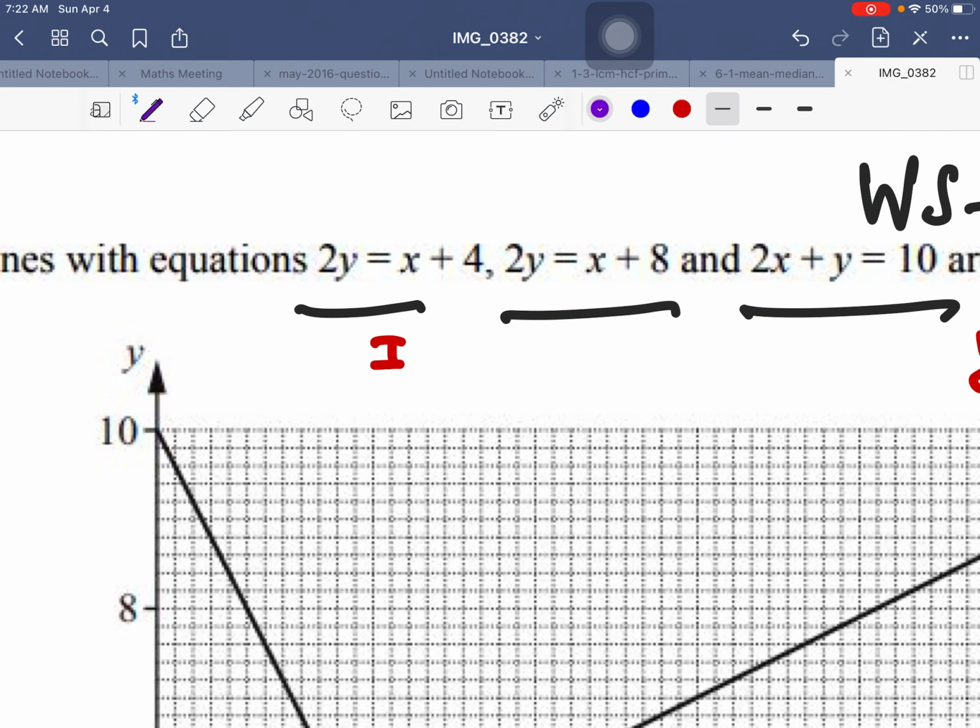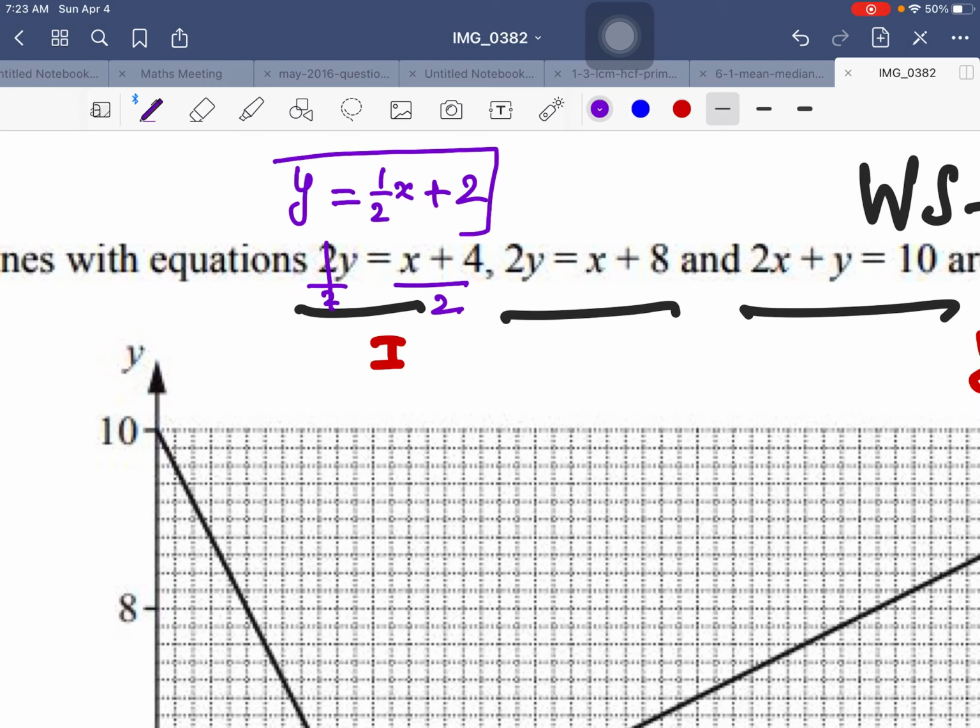So what I do here, if I divide this side by 2, I'm done. These 2 cancel with the lower 2. I get y equals x plus 4 by 2, means x by 2, which is half x, 1 by 2x, plus 4 by 2, which is 2.